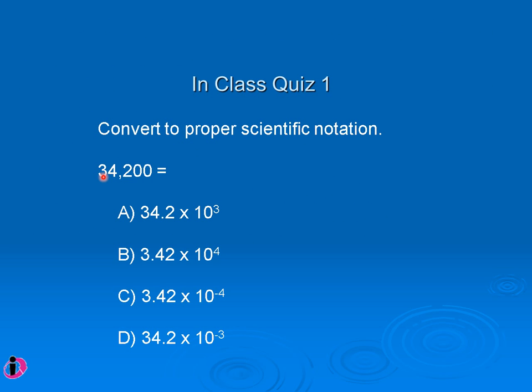Your decimal point has to be just right after the 3, so the number will become 3.42 times. How many positions did you move? The decimal point was here, and you moved 1, 2, 3, 4 positions to the left. So it will be 3.42 times 10 to the power 4. The right answer is B.